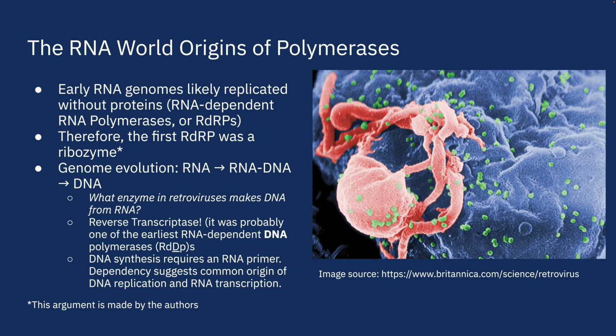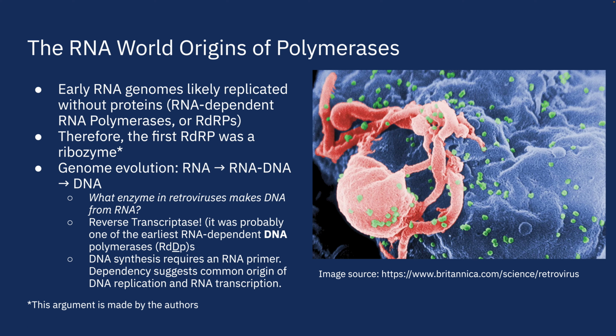Now, the question too is polymerases. This is something we've really been focusing on in this class, and in the very last few chapters, we learned about RNA-dependent RNA polymerases, which are polymerases that do not need proteins necessarily to catalyze these reactions, right? The very first RdRp was a ribozyme, as far as we can tell. This is very similar to reverse transcriptase, actually.